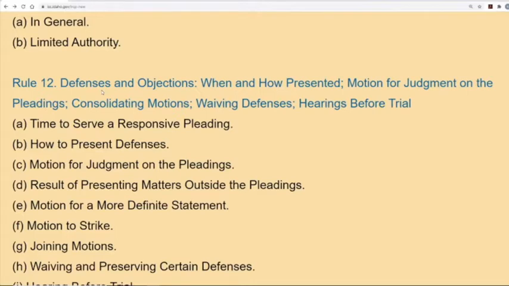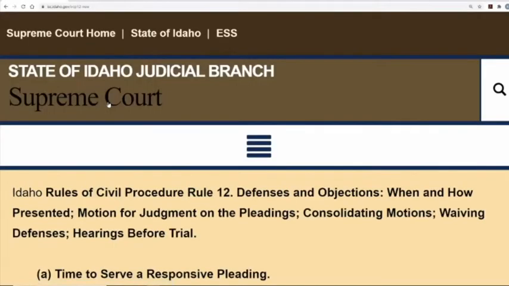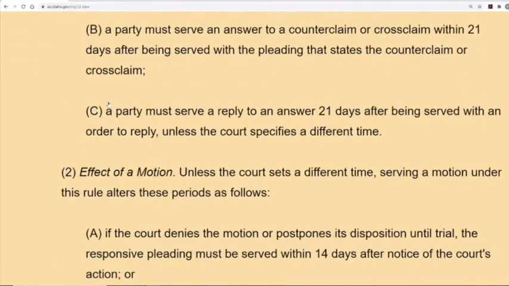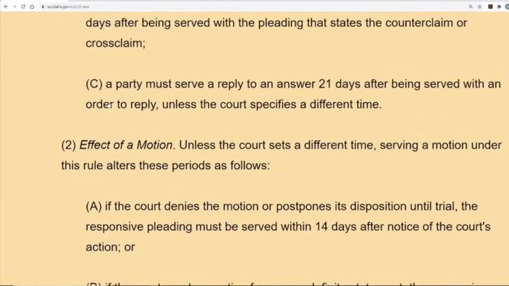Motion for judgment on the pleadings. Consolidating motions. Waiving defenses. Hearings before trial. 12b is how to present defenses. Well, let's look at that.